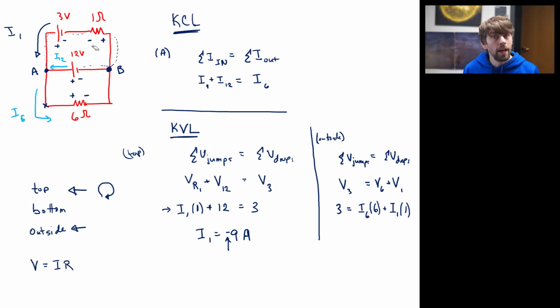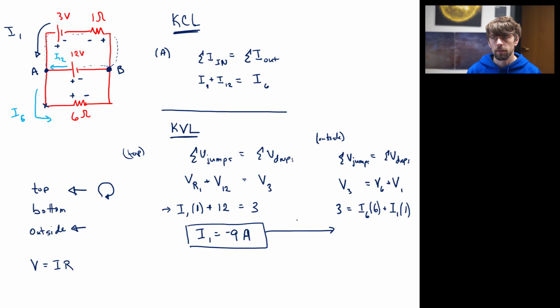Why I say that is that you notice on our second equation that we've gotten applying Kirchhoff's voltage law, I can take I1 and I can substitute it in. And I want to substitute in the negative value.